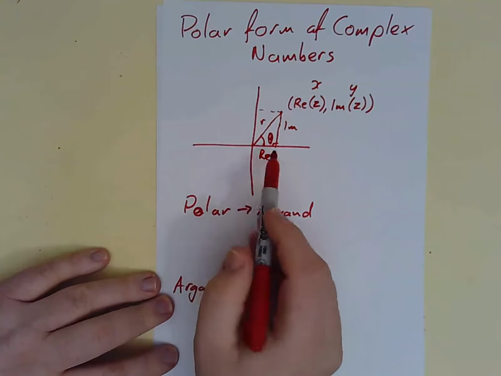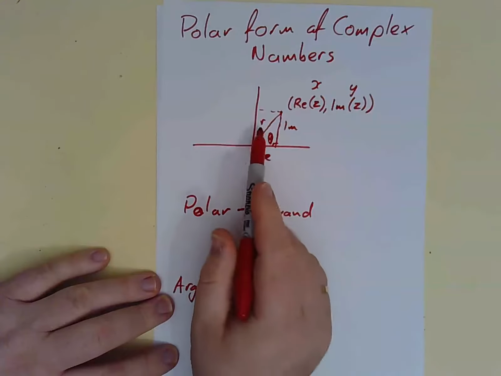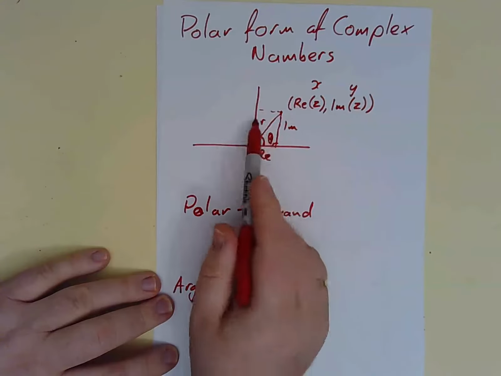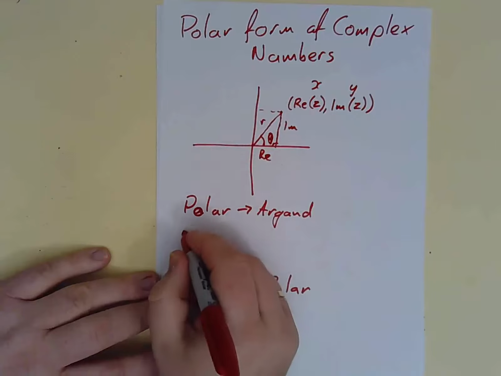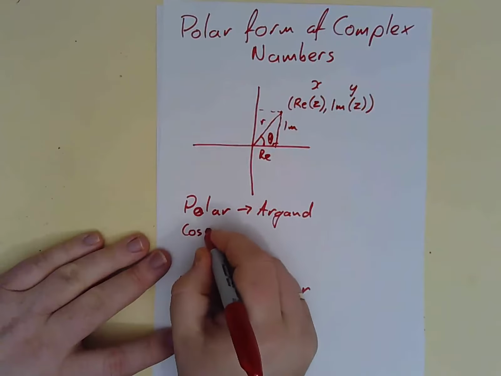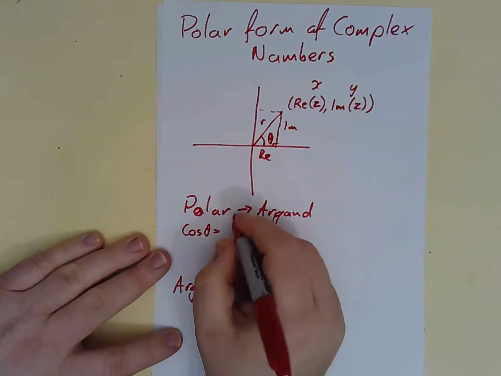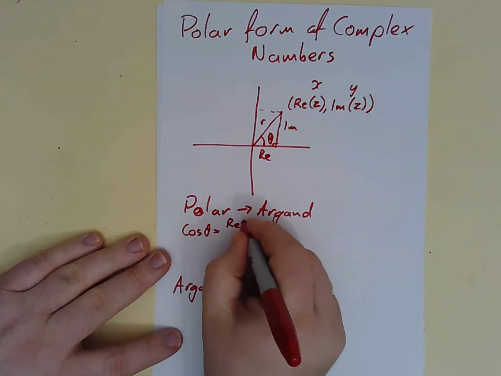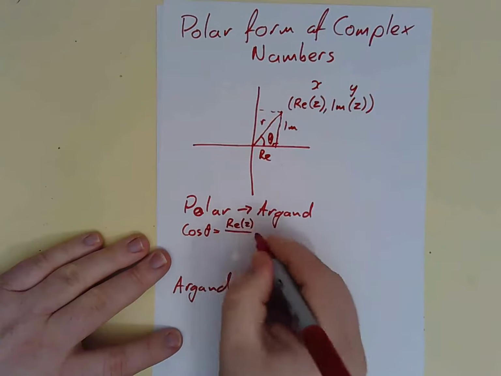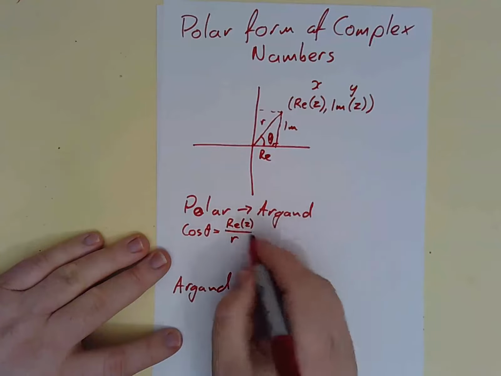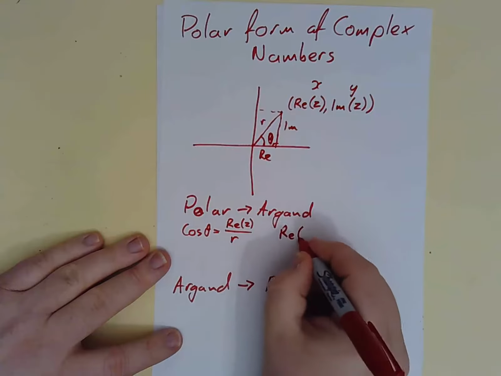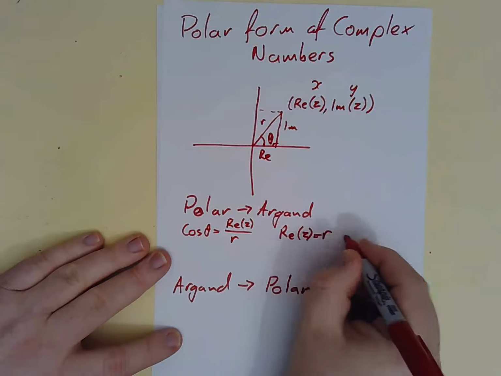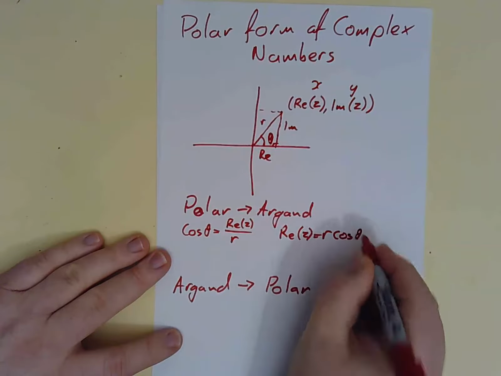I want to know something about my real part with respect to my knowns, my angle and my radius. Well, that's my adjacent and my hypotenuse. So cos theta equals the real part of z over r, or I can rearrange this to say the real part of z is equal to r times the cosine of this angle.